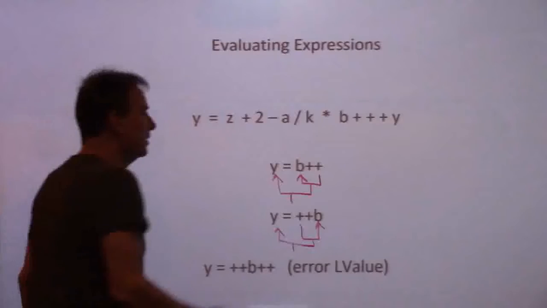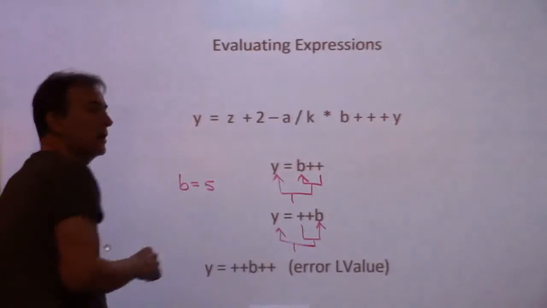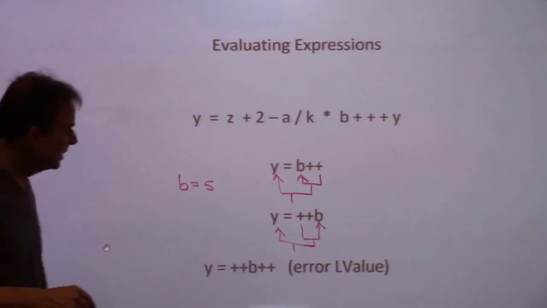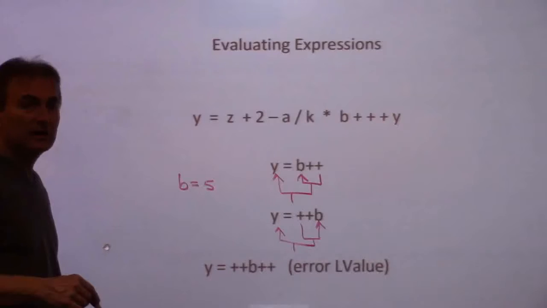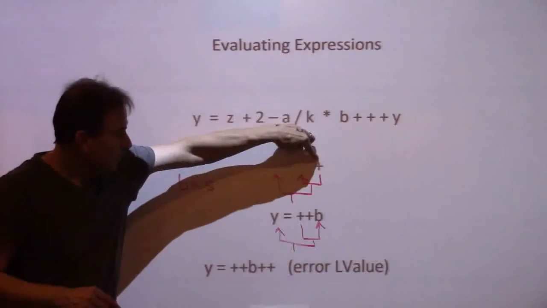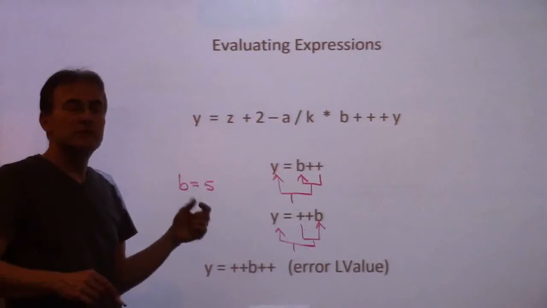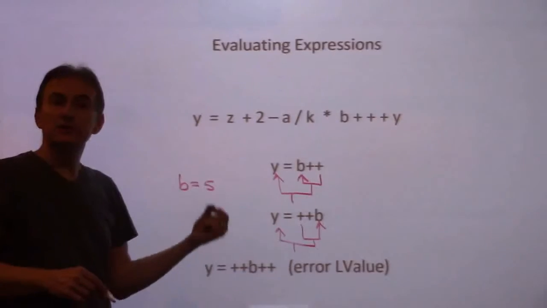Now let's suppose that b is equal to 5 and b and y are int values. B++ then executes the b++. So this operator requires the value of b to be incremented after returning the value to the expression.